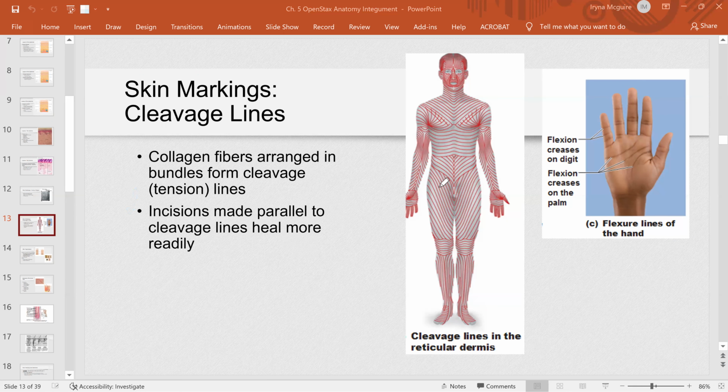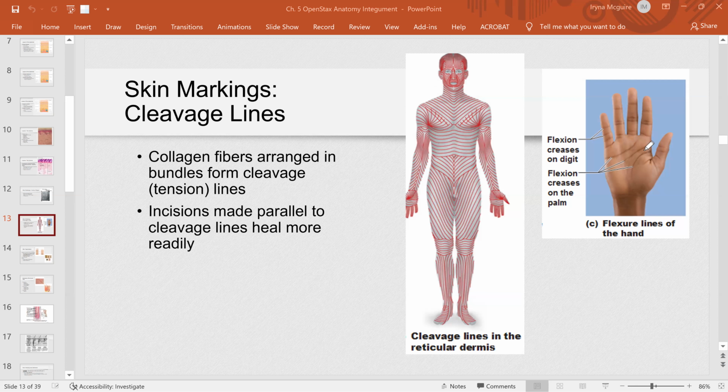So as a healthcare professional, especially if you deal with a patient after surgeries, right? It's good to know. And of course, if you perform surgery, it's good to know that if you cut along these cleavage lines, then the incision will heal way better than if you cut across, right?